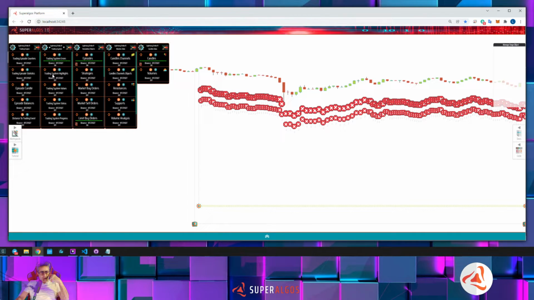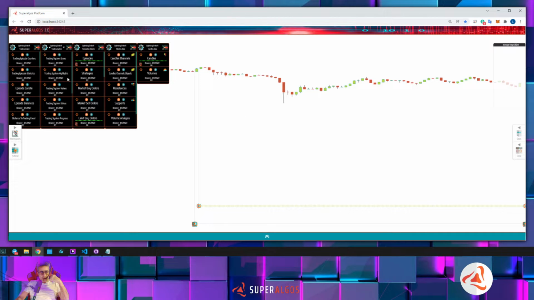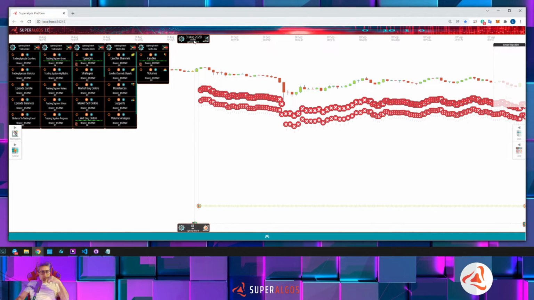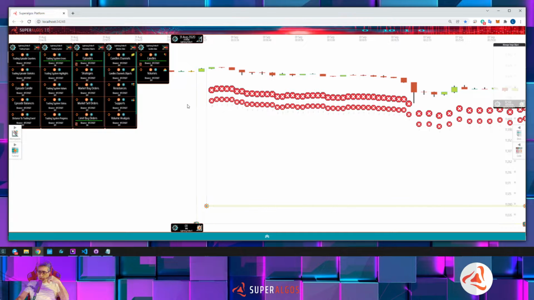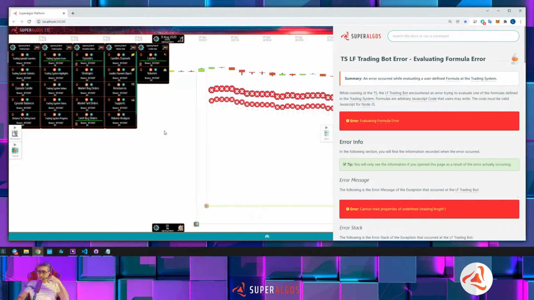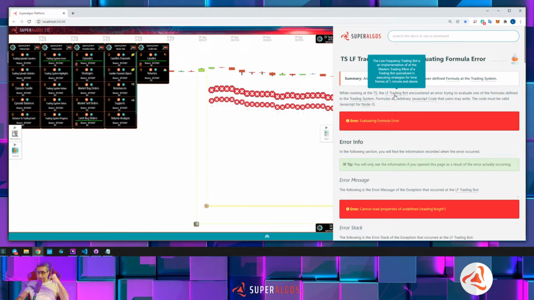Ooh, we have errors here. Two errors. First one, evaluating formula error. While running at the task server, this bot encountered an error.